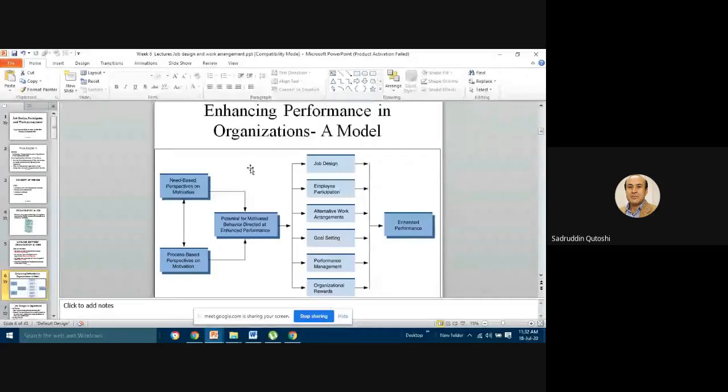And for that, you definitely need a certain level of job design, employee participation, alternate work arrangements, goal setting, performance management, and organizational rewards.